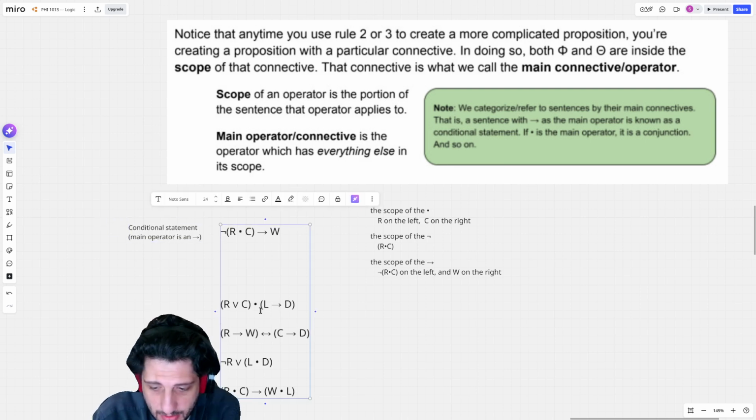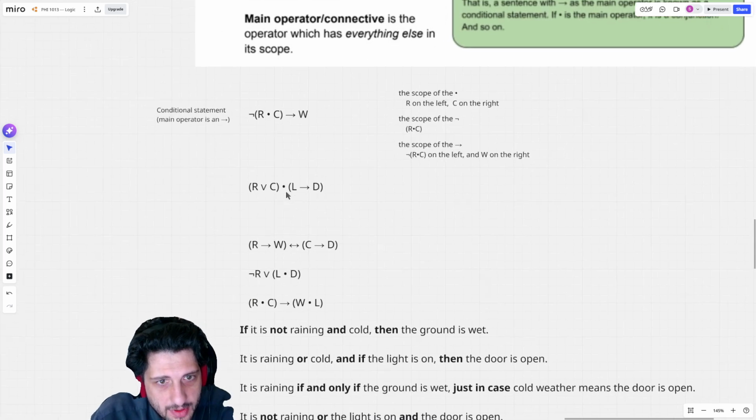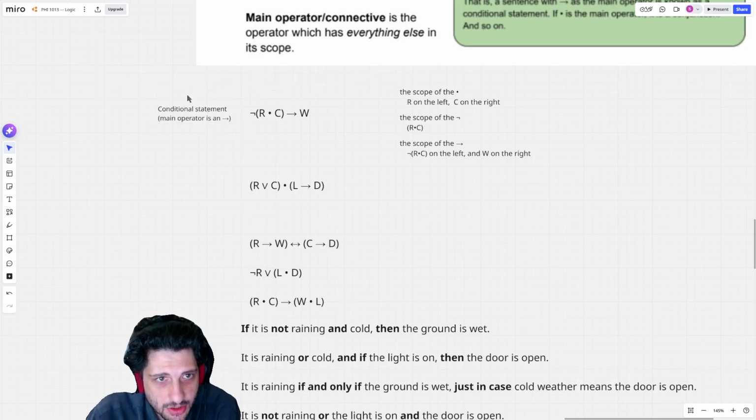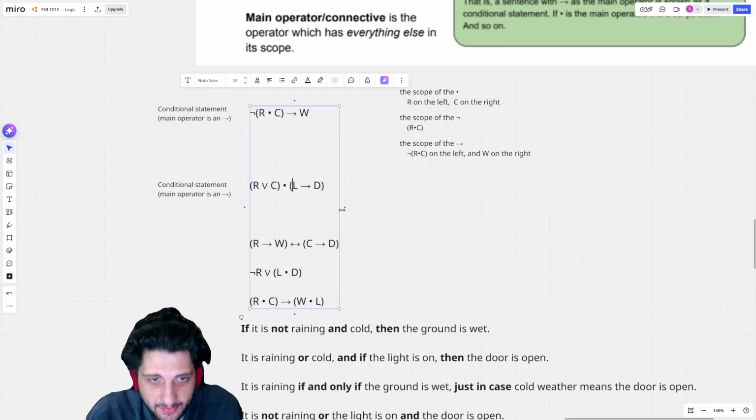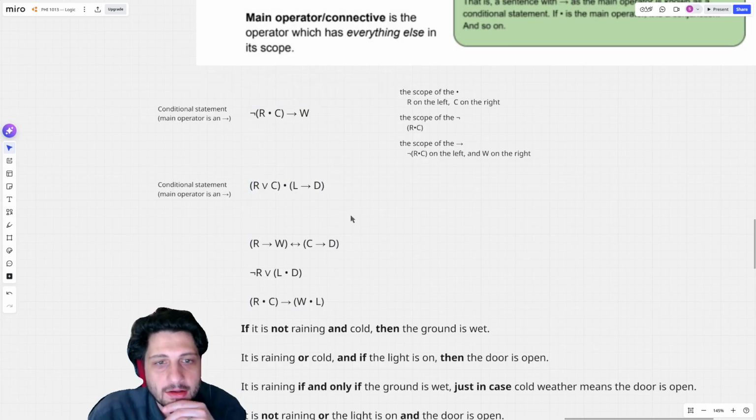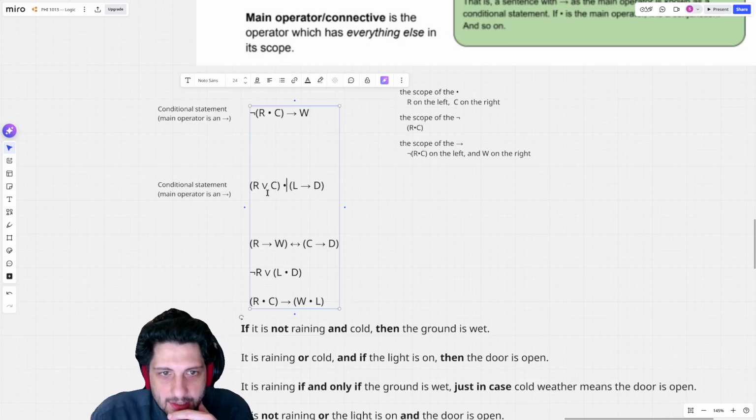Meanwhile, let's look down here. This is what we would call a conjunction. The main operator here for this statement, maybe pause and see if you can identify it. But the main operator is not the or.